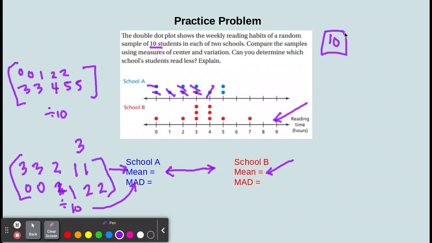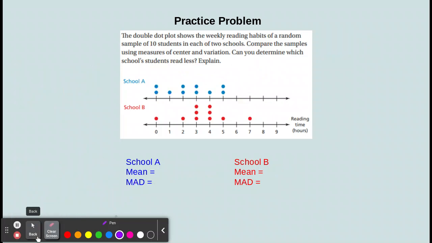So ask yourself, is that a large number? Does that make our sample representative? Is it unbiased? So the question is, can you determine the school where the students read the least amount? And that is it for 8.4.